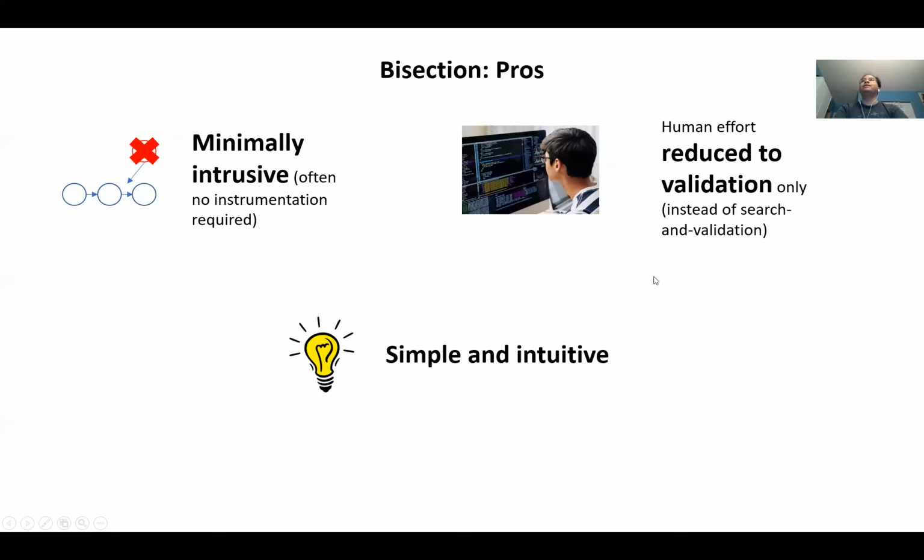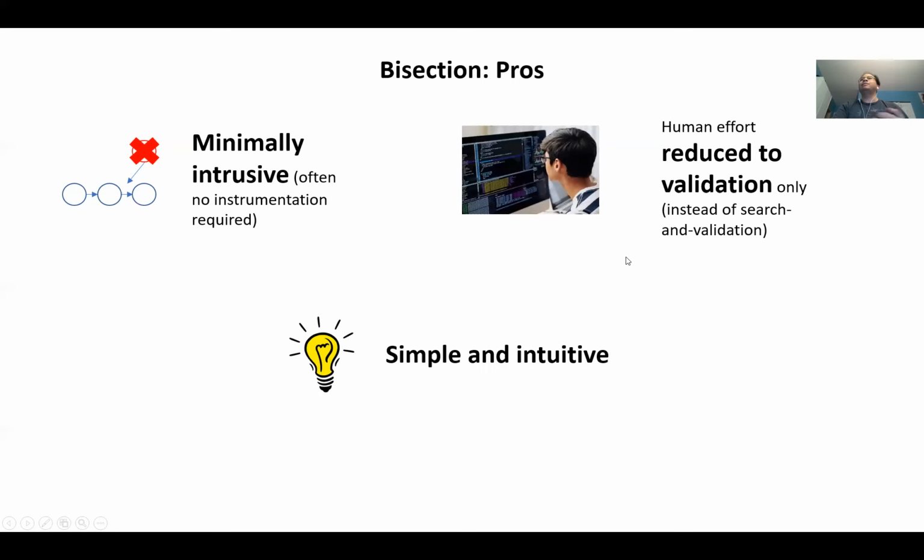So that's a good thing. The other advantage is that human effort is reduced to validation only. Because usually when you're trying to localize a certain regression, you need to do a search first. You need to search for the commit or the root cause, whatever granularity that is. And then you need to validate whether the commit that you just found is actually the root cause, doing maybe some reverts, some cherry picks and all of that. But in this case, since the bisection is doing the search for you, the only human effort required here is the validation.